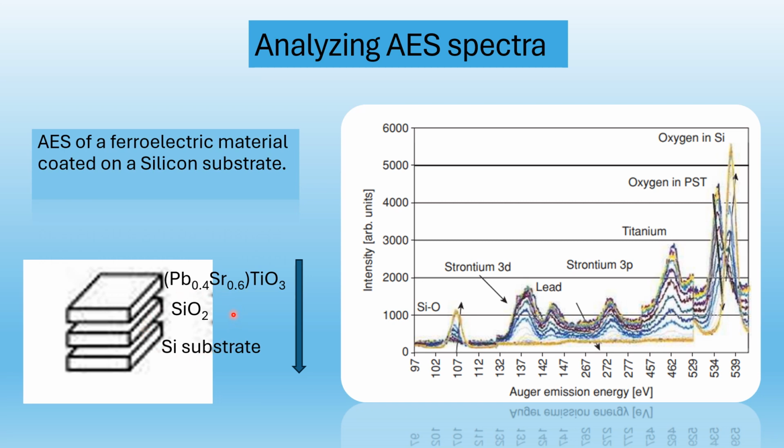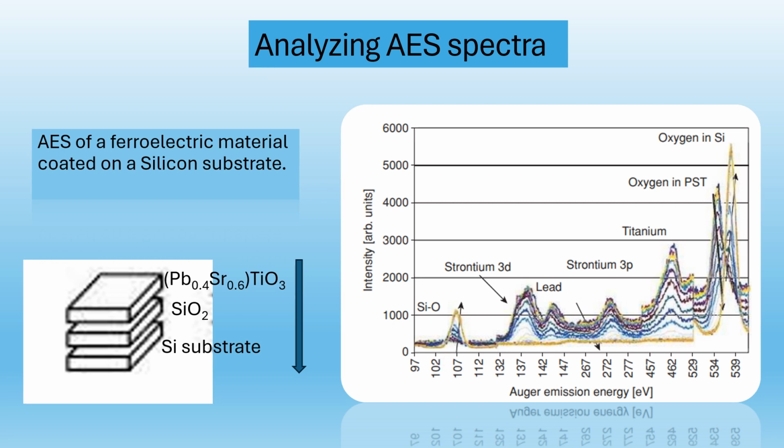So as ablation happens, the peaks for lead, strontium, titanium were there initially, but they go on decreasing, and a new peak appears for oxygen in silicon oxide at 538, and also a new peak for silicon appears at 107. So these peaks are decreasing, we can see from the arrow, and these peaks are increasing.